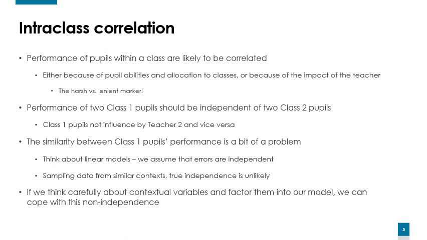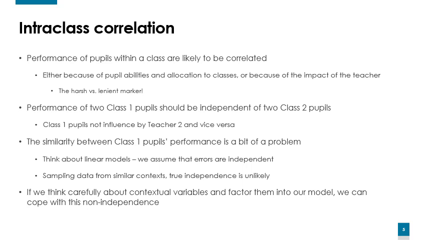An important concept when you're considering this type of analysis, and what you'll see if you look up a paper related to this, is this idea of intra-class correlation. So for instance, if we take that very first class of pupils within the same school, at the same local authority, with the same teacher, the performance of those pupils on that test is likely to be highly correlated. Now that's maybe because of pupil abilities and there's been a systematic allocation to classes, or maybe it's because of the impact of the teacher.